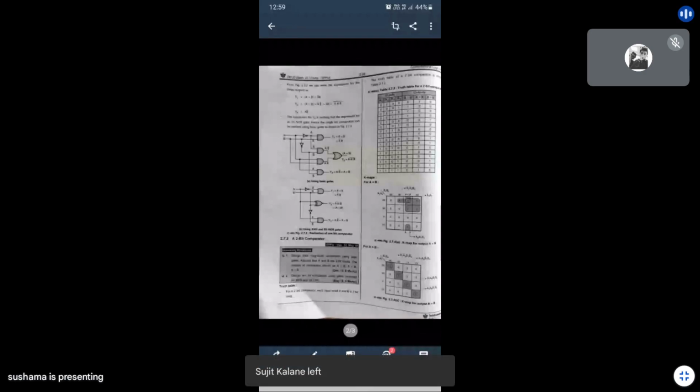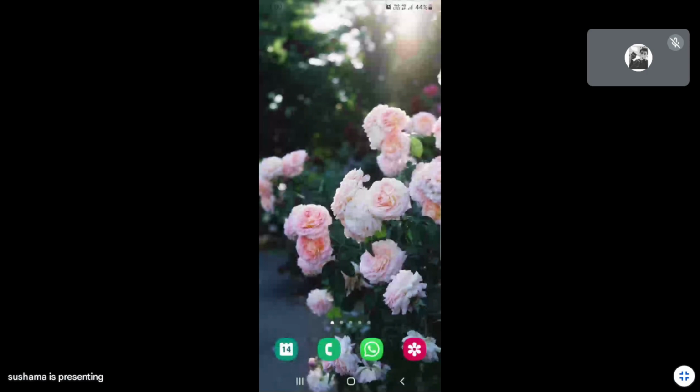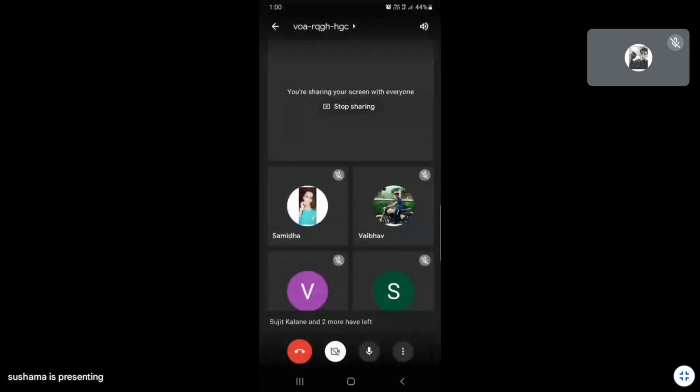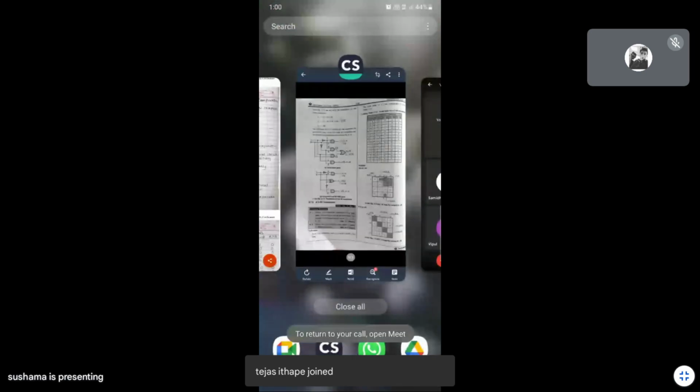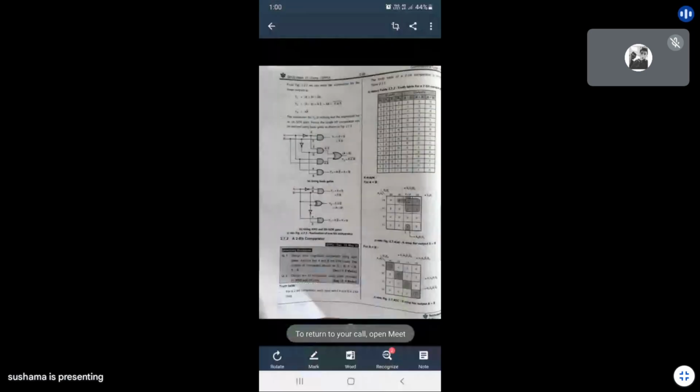See, for 2-bit comparator, what do we need? We need a 2-bit. So we are using that here. If you see the truth table, it is A0 A1 and B0 B1. बच्चे कब तक ज्वाइन होते हैं? Okay, so what are the inputs now?